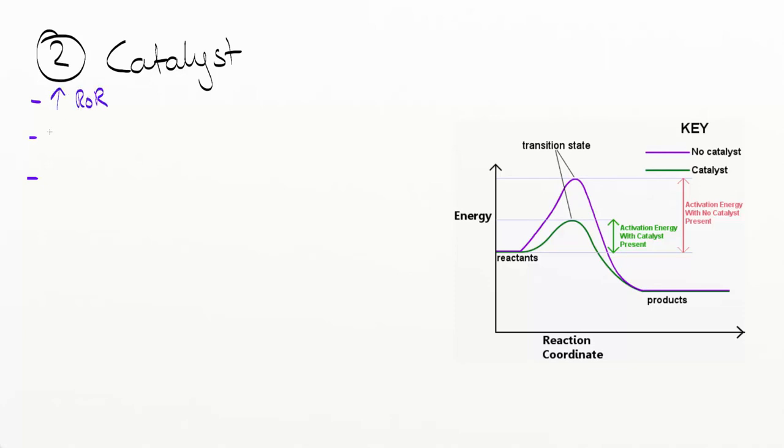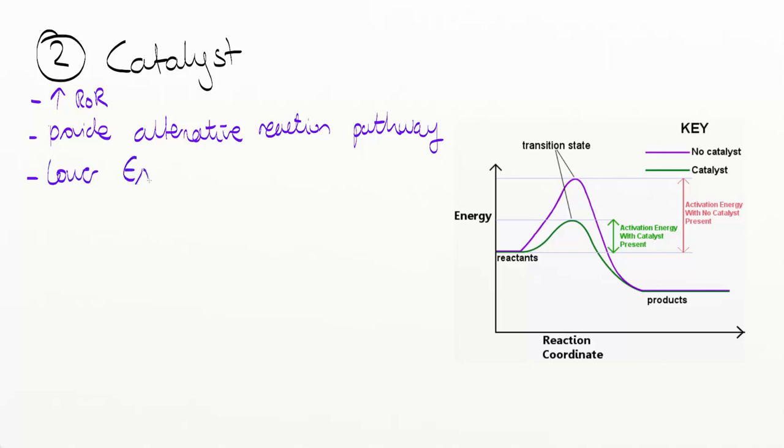The way it does it is by providing an alternative reaction pathway. And this alternative reaction pathway has a lower activation energy than the original reaction pathway, and that results in an increase in rate of reaction.